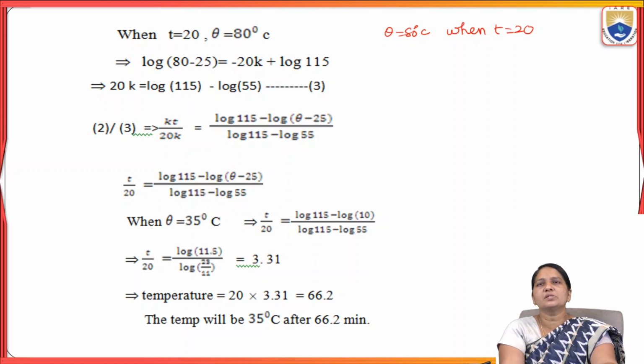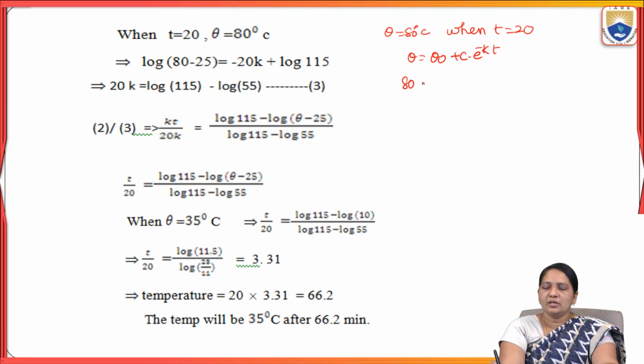So the third step is to calculate the k value. Theta equals theta naught plus c into e power minus kt. Here theta is 80 equal to theta naught 25 plus C value 115 into e power minus k into t, which is 20.